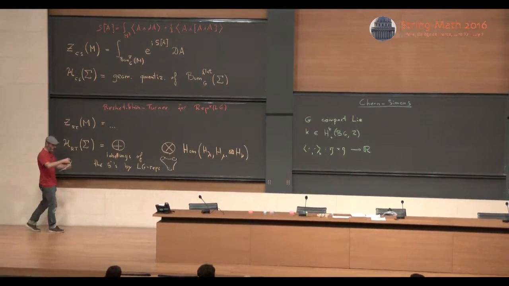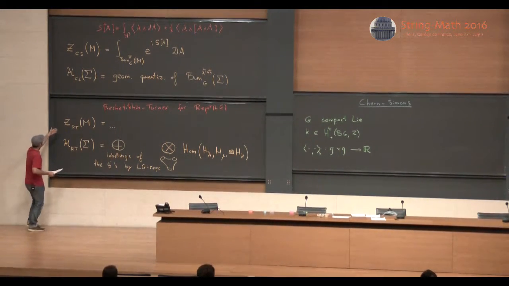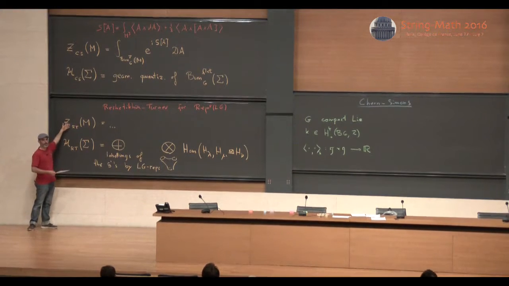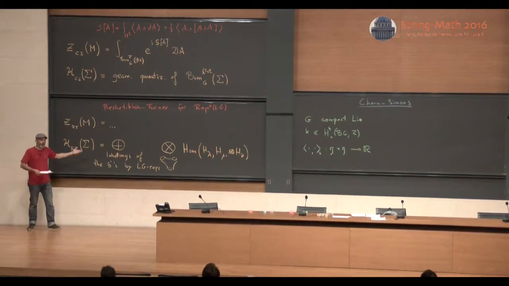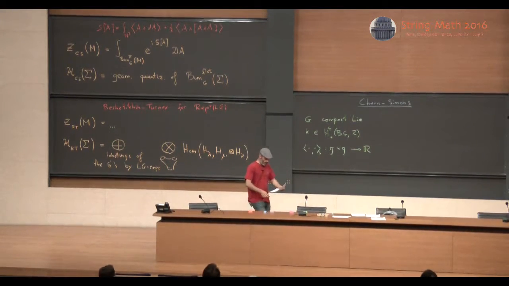And this is what it is. And now the claim is that these two descriptions are one and the same. And this claim cannot really be verified at the level of the partition function, but it can and has been verified at the level of sigma, and therefore one can take the point of view that this is the mathematical definition of this path integral, which otherwise is a bit difficult to define.